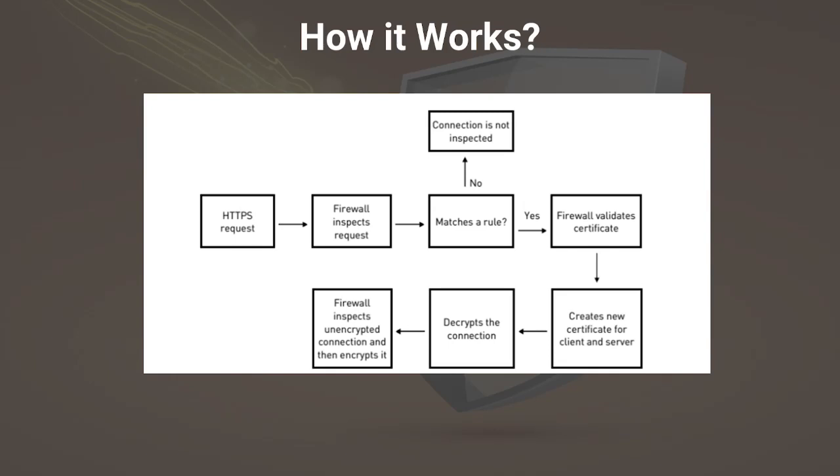So the firewall sees both directions of traffic in clear text, and it's able to use its security features such as application identification or intrusion prevention system to detect malicious behavior and block that behavior before it can do harm to your clients. So that's how decryption works.